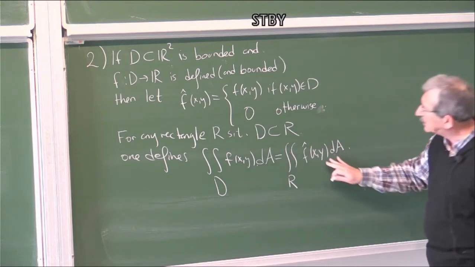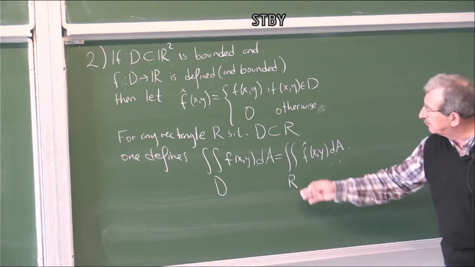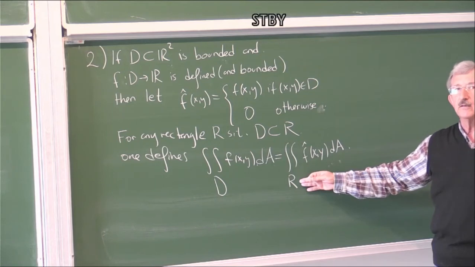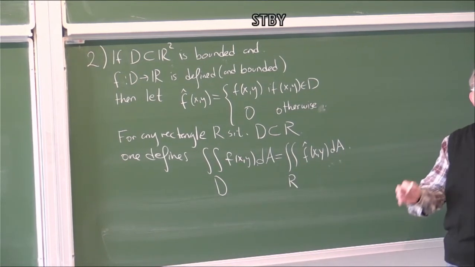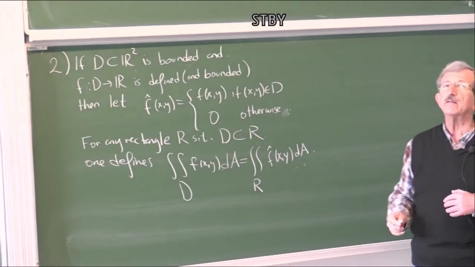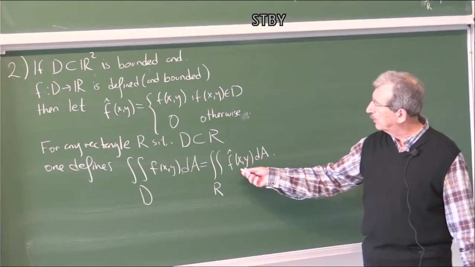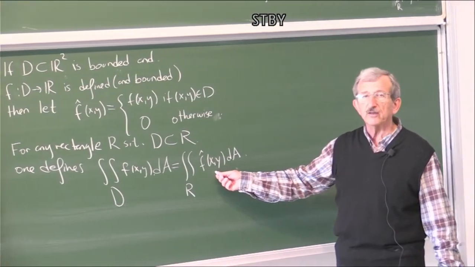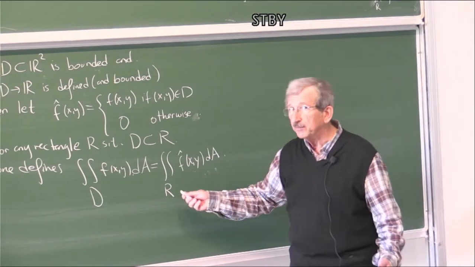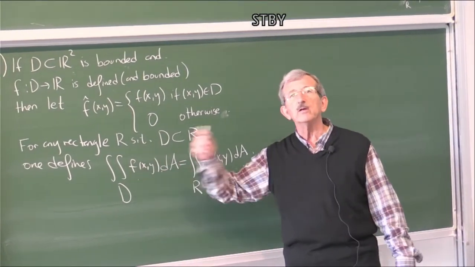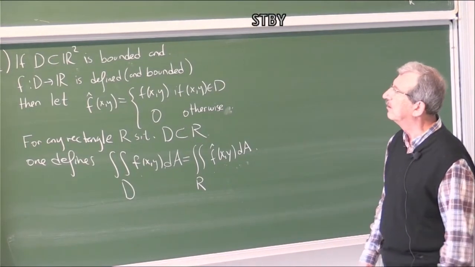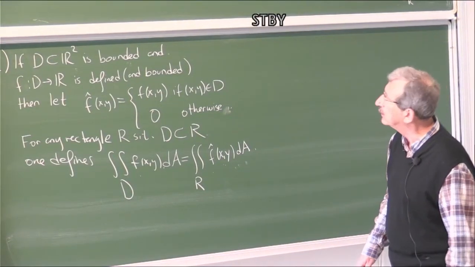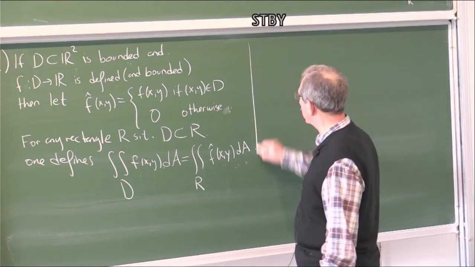Now, the right side was already defined because this is a rectangle. So we now make the new definition. On any D, you can define it this way. Of course, if the right side integral exists, as a limit, then this one will exist, and that's the definition of a double integral over D.